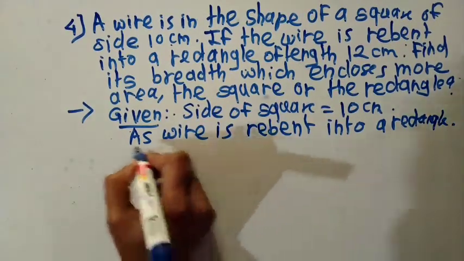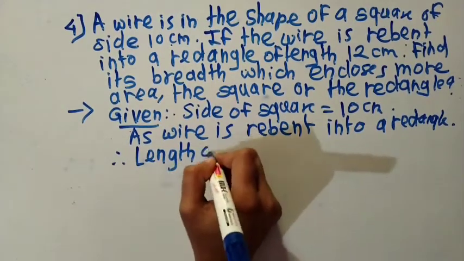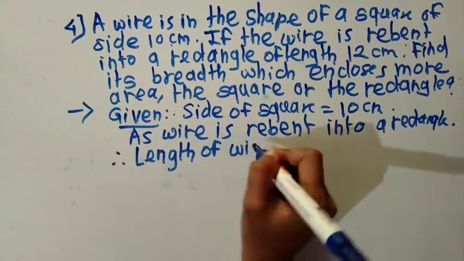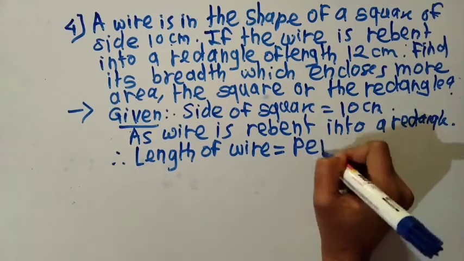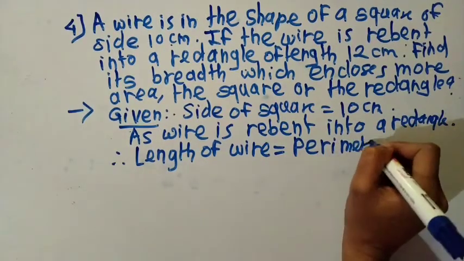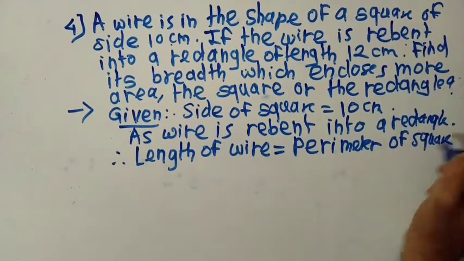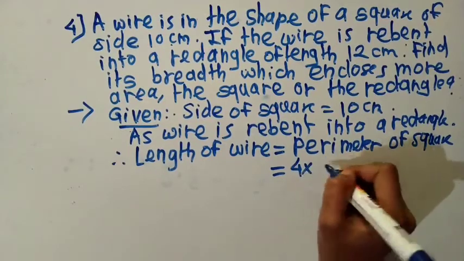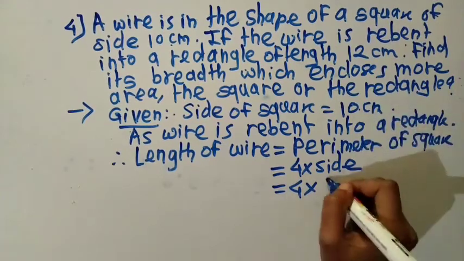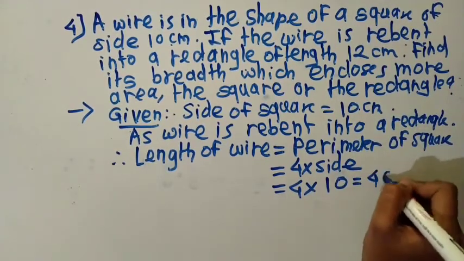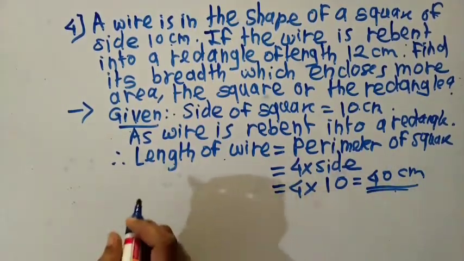Hence, length of wire is equal to perimeter of square. But perimeter of square is 4 into side. Hence 4 into 10 is equal to 40 centimeter. Hence length of wire is 40 centimeter.